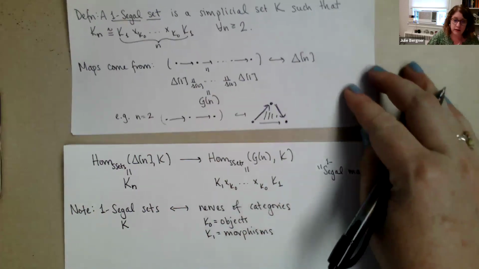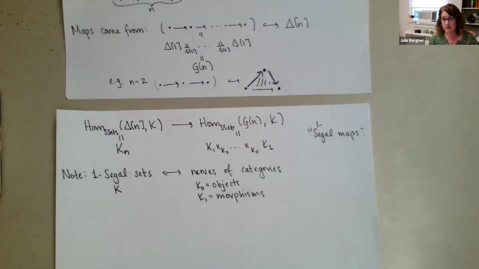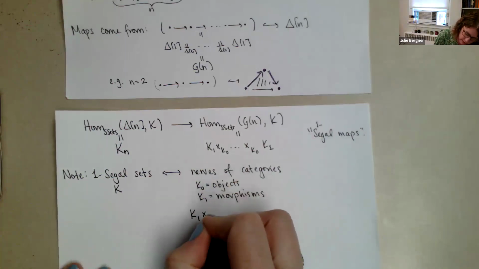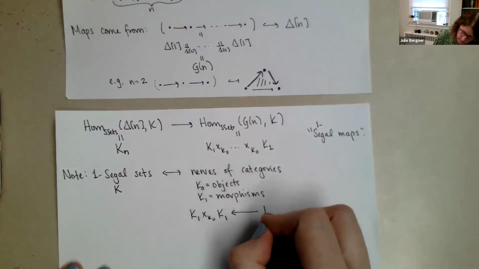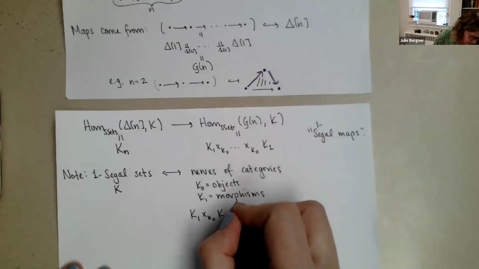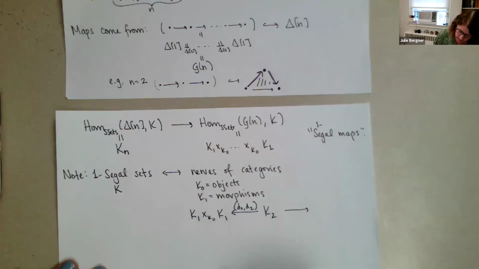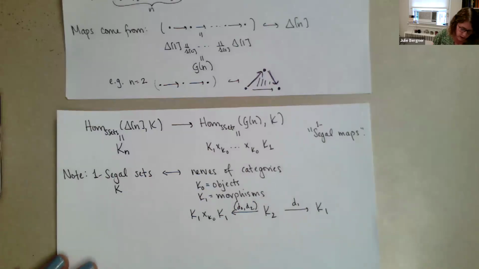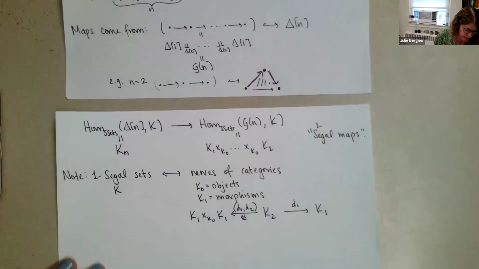But you might wonder, well, what about associativity? Composition and then associativity. Composition's the main one I want to talk about. So in any simplicial set, you have maps, d_0 and d_2, the two face maps, from K_2 to K_1, and then I have d_1 over here, that's going to go to K_1. And if this is a 1-Segal set, then the Segal map is going to be an isomorphism.